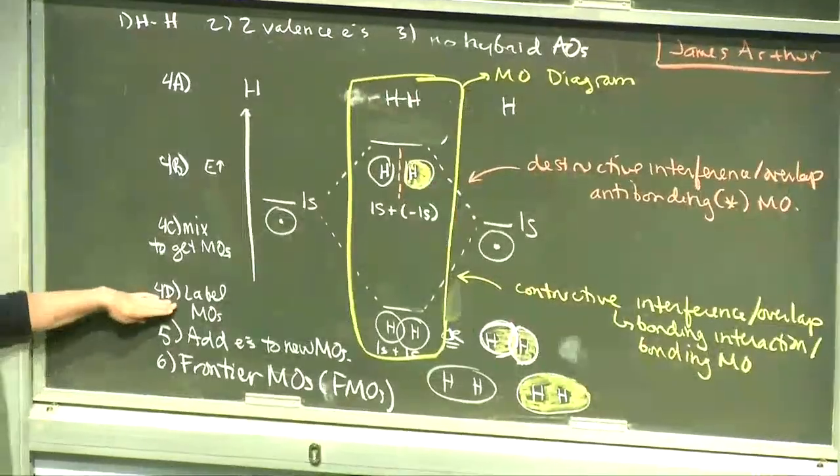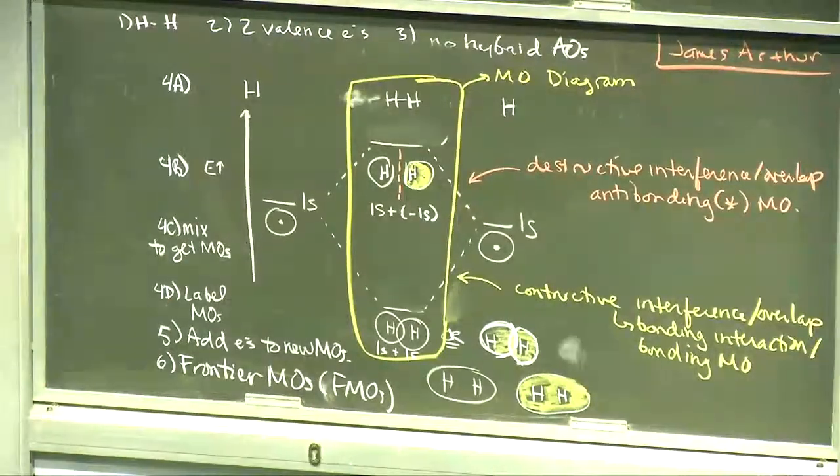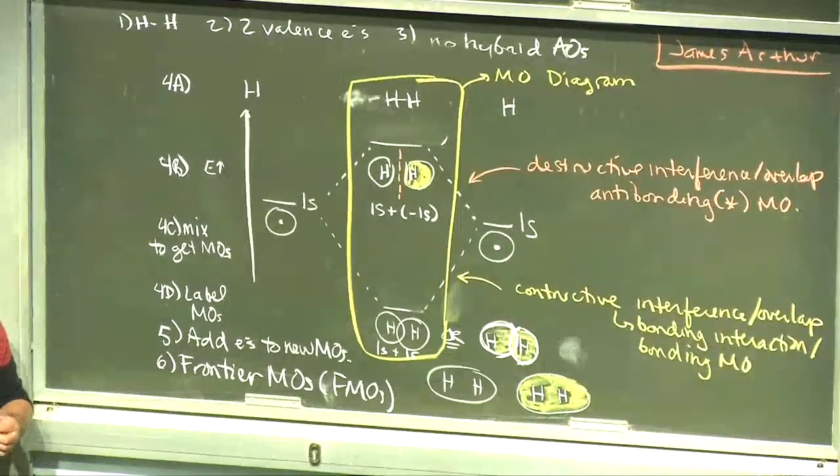All right, step 4 is then labeling. By labeling we mean sigma versus pi versus neither of those. So this new interaction that we have, did we bring them together and the orbitals overlapped along the internuclear axis, that's your sigma? Did they overlap above and below the internuclear axis, that's pi?